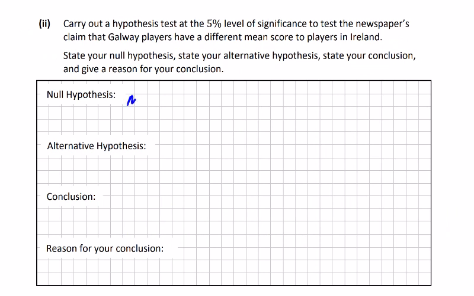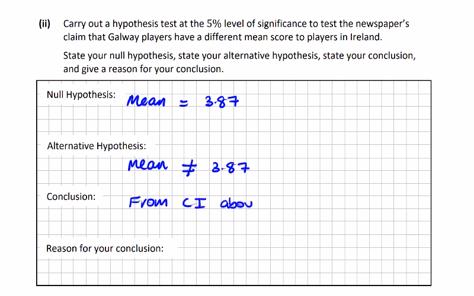So we're going to state mean is equal to 3.87. The alternative hypothesis is that the mean has changed, or the mean is not equal to 3.87. The conclusion I would have here is from the confidence interval above, 3.87 is greater than the higher end that we had, which was 3.82.